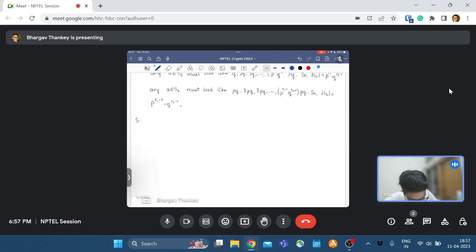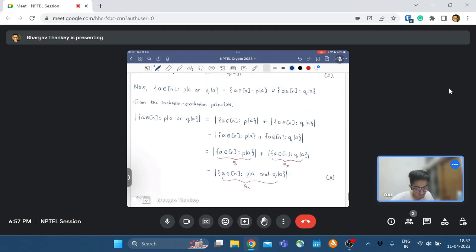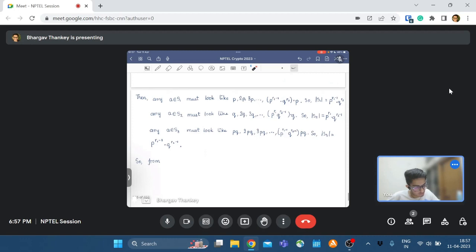So from 3 we have that the size of this set, the number of A's in 1 to n that are divisible by P or Q, is equal to this plus this minus this.